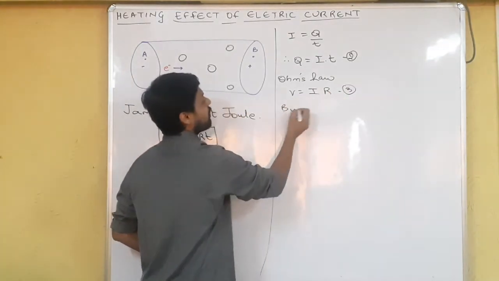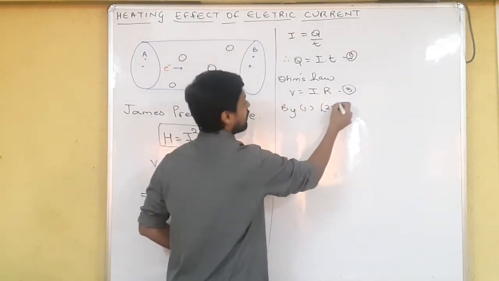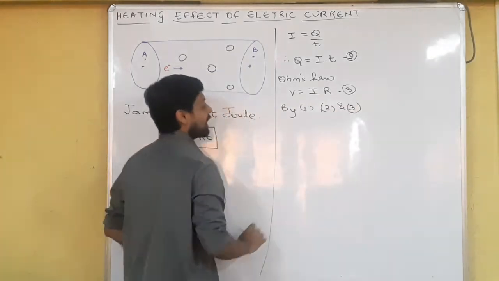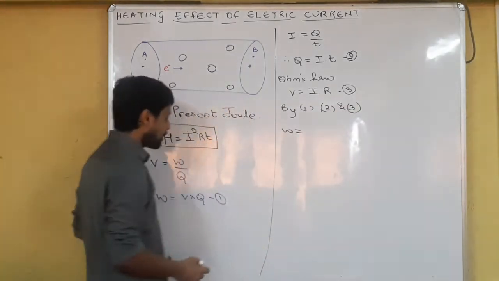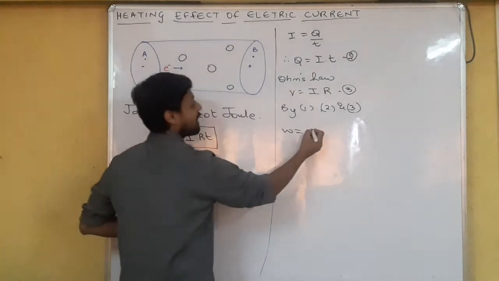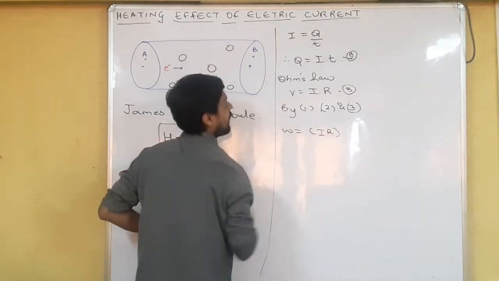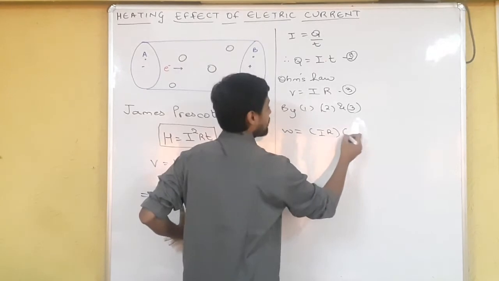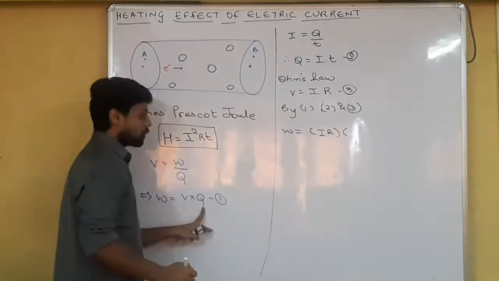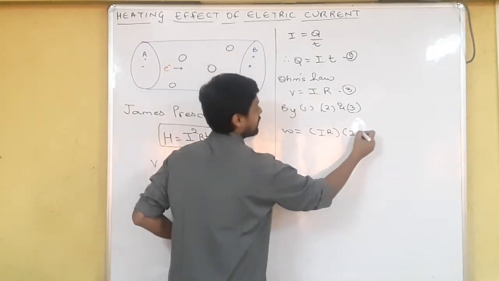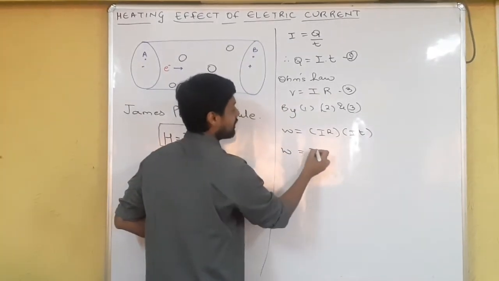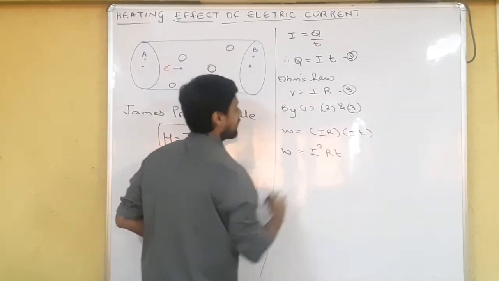Now by using 1, 2 and 3, I can say work done: instead of V, I am using IR, and instead of Q, I am using IT. So this gives my formula, work done is equal to I square RT.